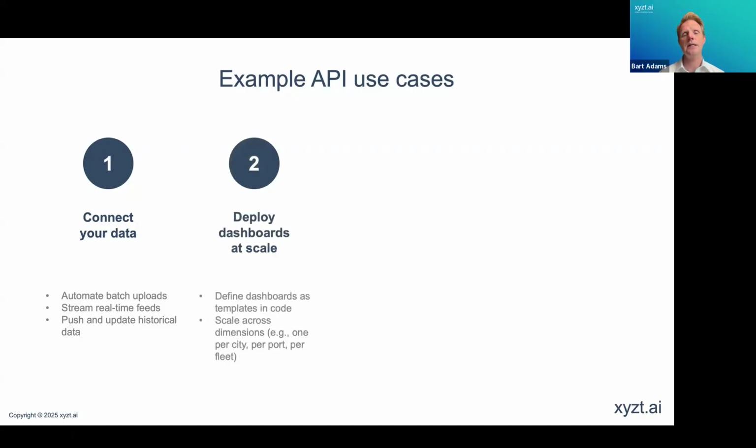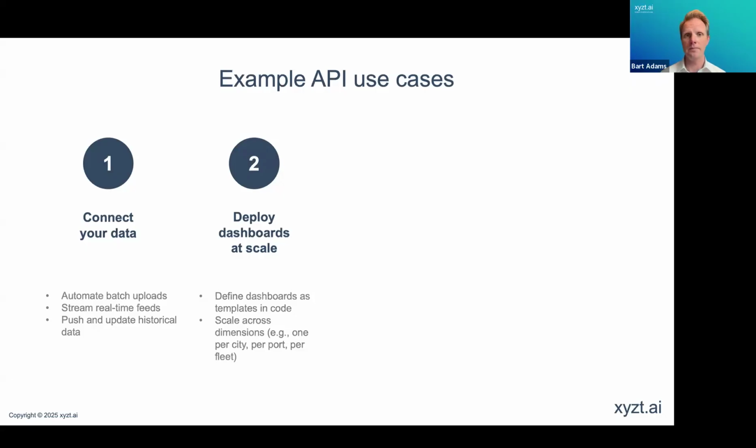Second use case is to do tasks that, if you would do them manually, would take you too much time. A typical example is, for instance, you are creating a solution for city authorities, and your solution contains an xyzt.ai dashboard. You don't want to create a dashboard manually for every single city that you are selling your solution to.